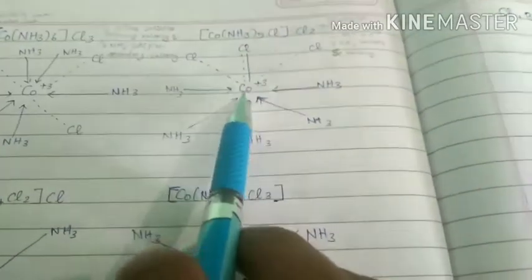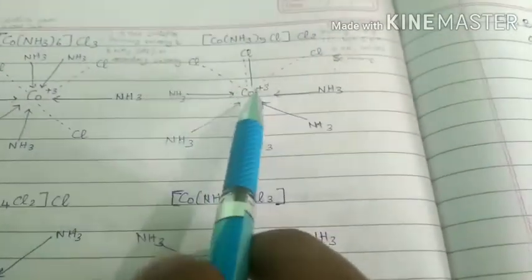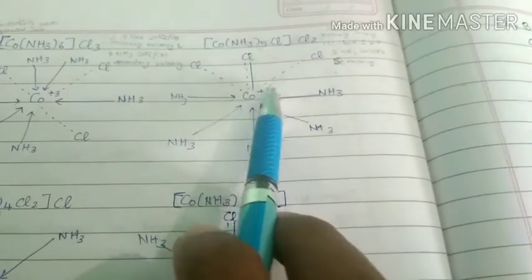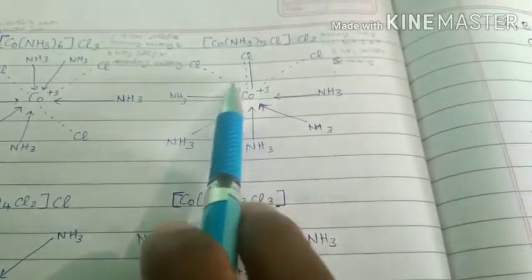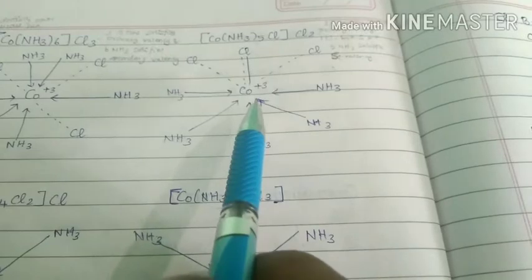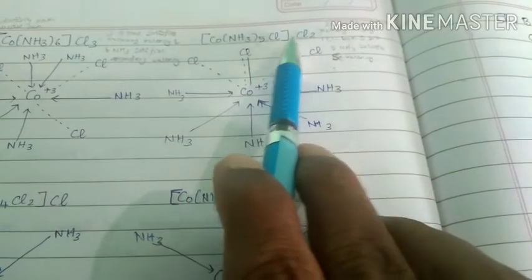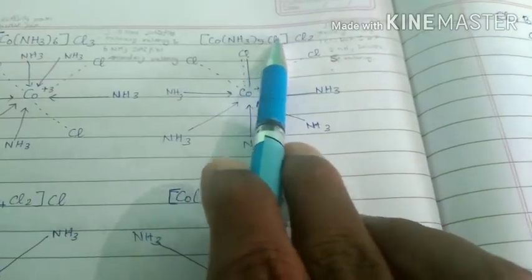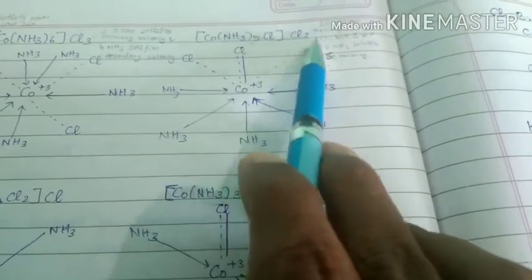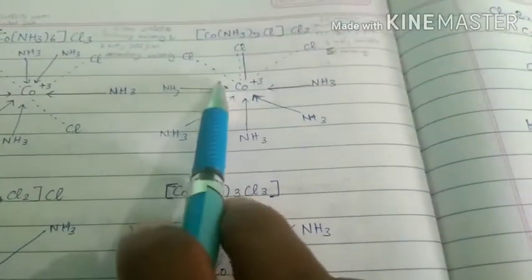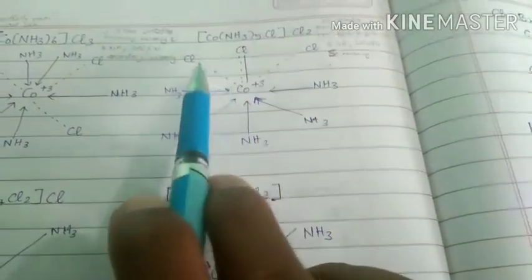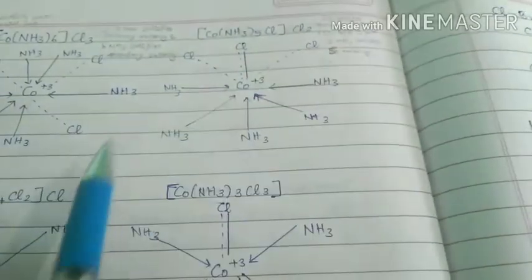You can find it. And here plus 3 is the oxidation state, that is nothing but primary valency. That means the primary valency is satisfied by negative ions. Here the negative ions are 1 this chloride and 2 these counter ions. Total 3 chloride ions should be mentioned with the dotted lines.